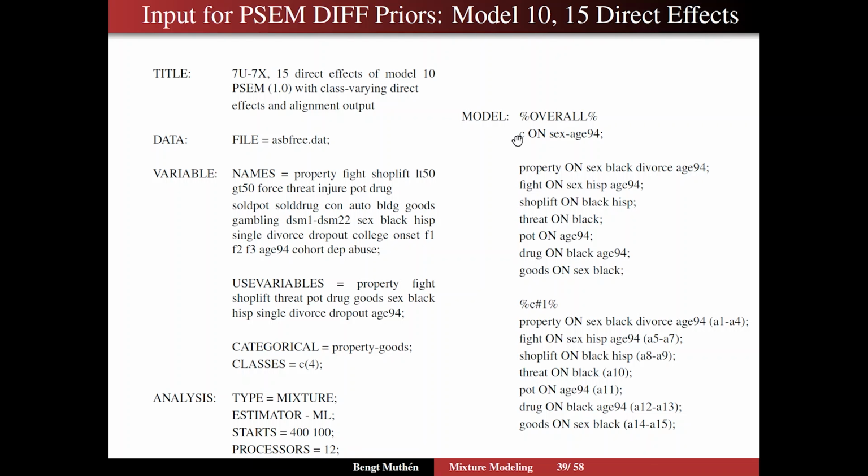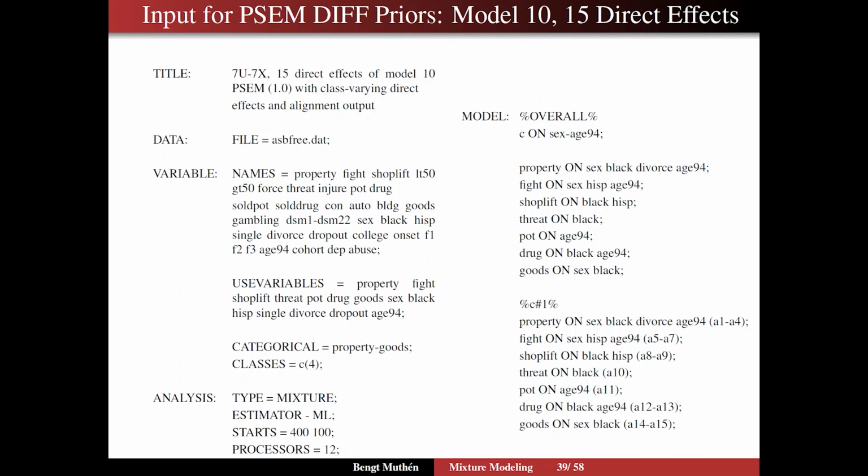And we have C regressed on the covariates, and then in the overall model we also have to mention the direct effects, but we're going to focus on the class specific mentioning of the direct effects, so making them class varying. So for instance, for property on sex, black, divorce, age 94, we're going to label them A1 through A4 for those 4 direct effects, and then we continue on adding the numbers for the other direct effects, coming up to 15 direct effects.